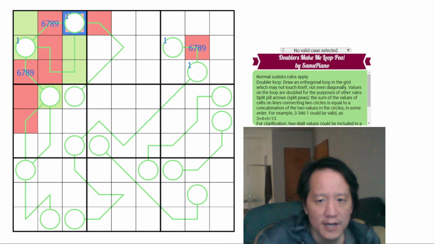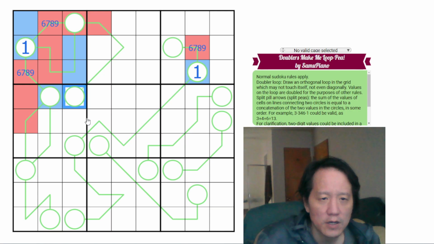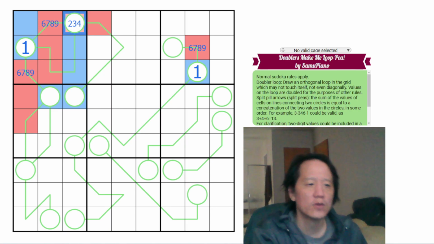So this cannot be the 1 anymore. So this has to be 1, which means this is 1, and it's also not on the loop. Let's make it blue to make it not on the loop. The loop cannot touch itself diagonally, so that's not on the loop. So this is the 1. This is doubled. So this is 2, 3, or 4, right?